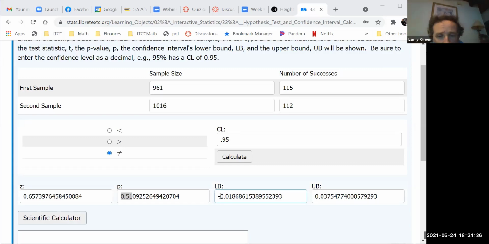Okay, and then the lower bound for the confidence interval is about negative 0.02, and the upper bound is about 0.04. Okay, approximately.